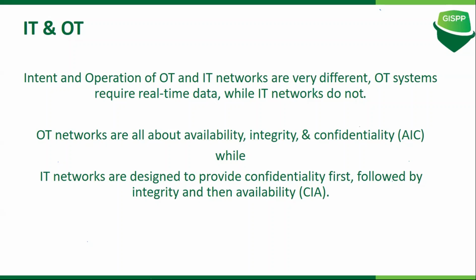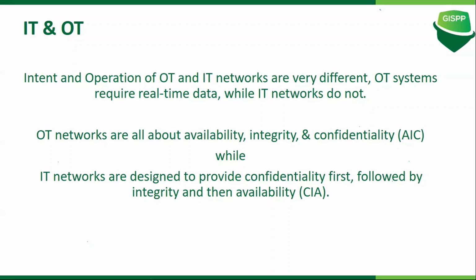And the biggest difference, if you talk about governance, is that OT is about availability, integrity, and confidentiality. You see the flow: availability, integrity, and confidentiality. In OT, confidentiality is the last thing that comes.